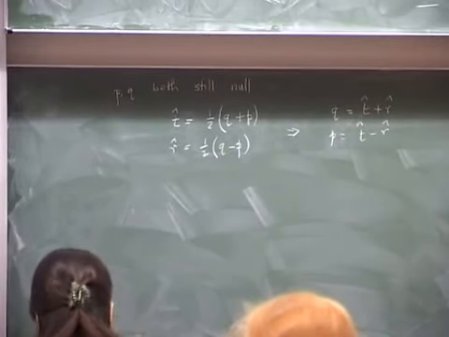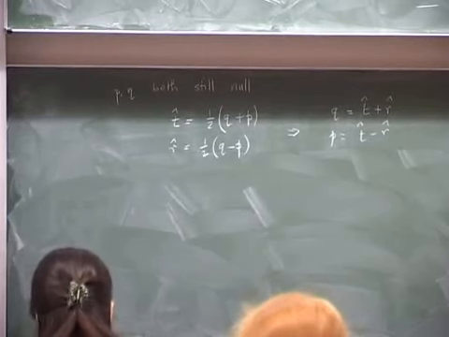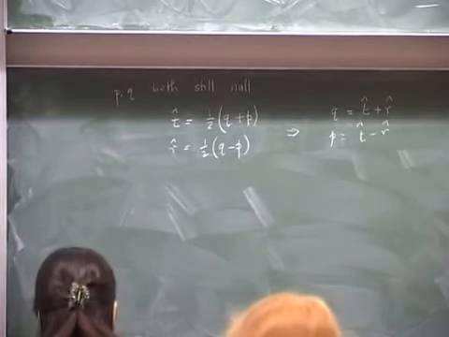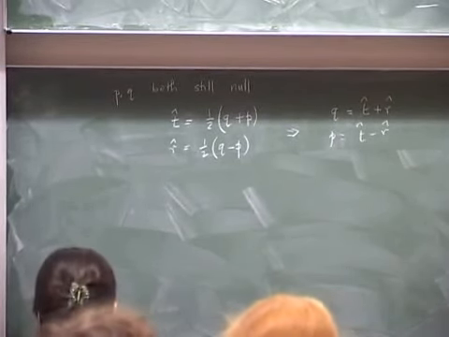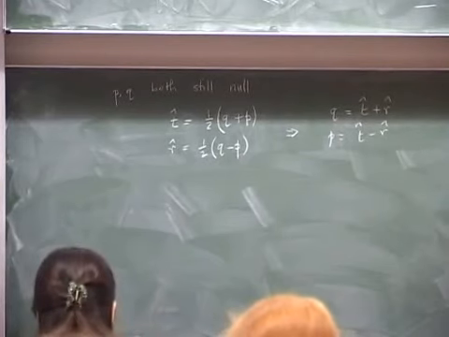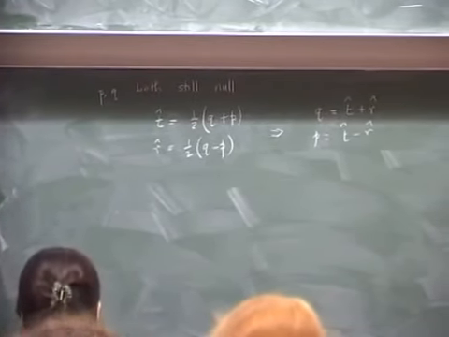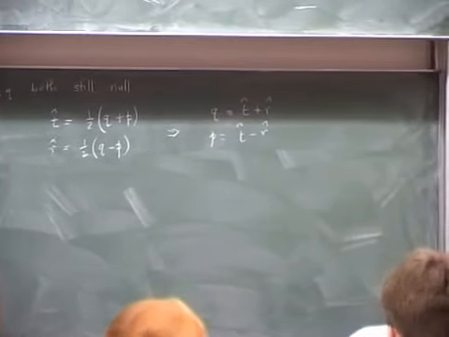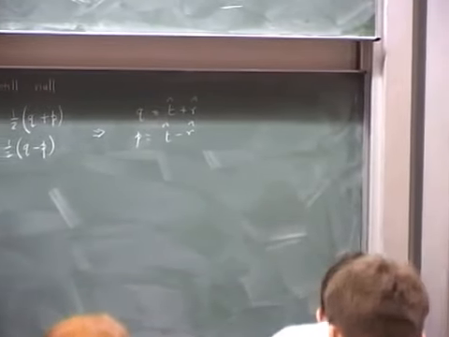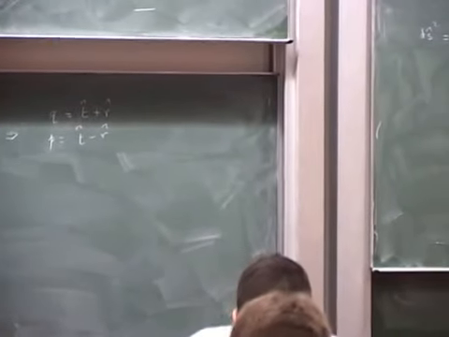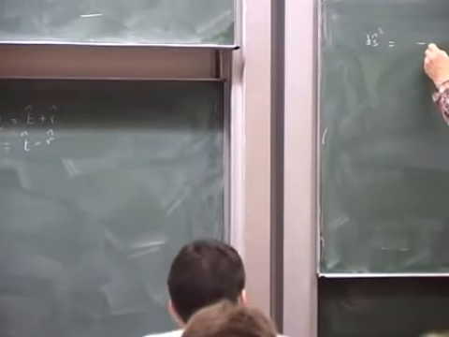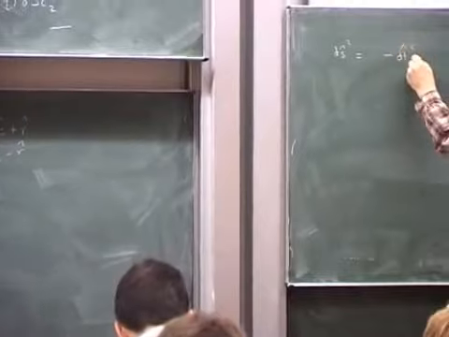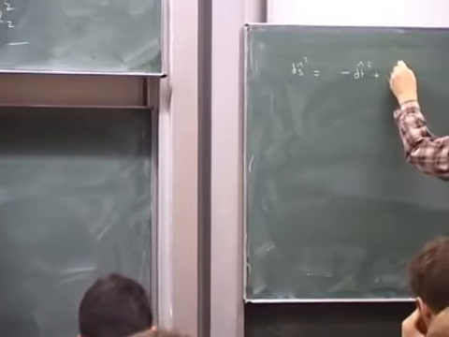In terms of T hat and R hat, you will immediately, hopefully, get ds hat squared is equal to. Well, the first bit is just the same as something we've done before. It's minus dt hat squared plus dr hat squared.